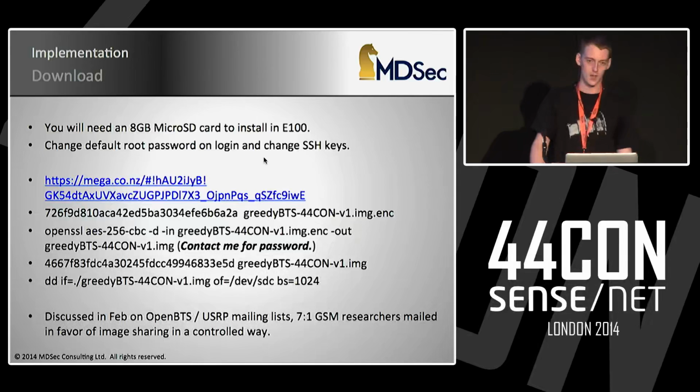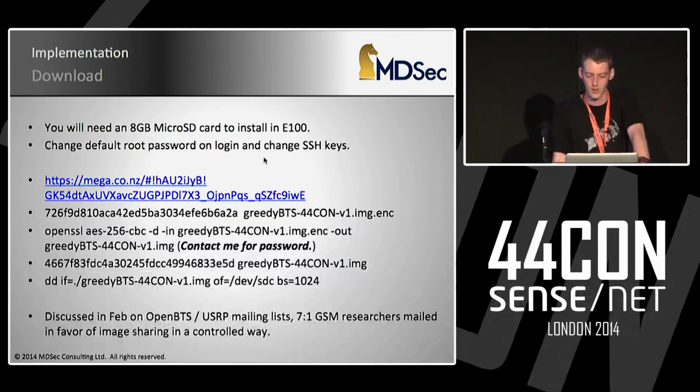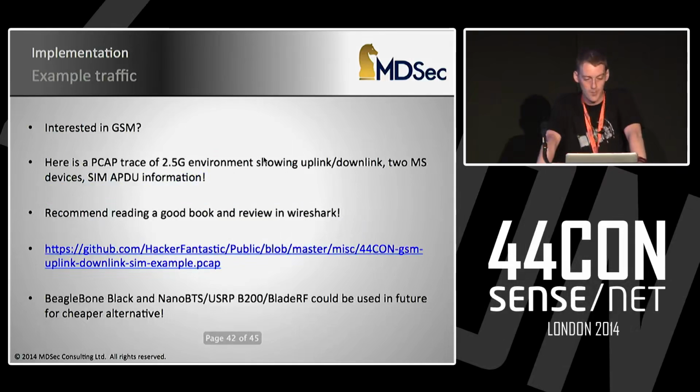The reason is that when I started to discuss the things I was looking at in February of this year on the various mailing lists, a number of well-known security researchers emailed me who weren't really against creating an image and making it available. It's just about trying to keep an eye on not sharing it with anyone in the world who just feels like tapping somebody's phone arbitrarily. So if you do want what I've written, that's cool. If you want to make it yourself, there's enough information here for you to go away and do that. But just drop me an email and tell me who you are and why you want it.